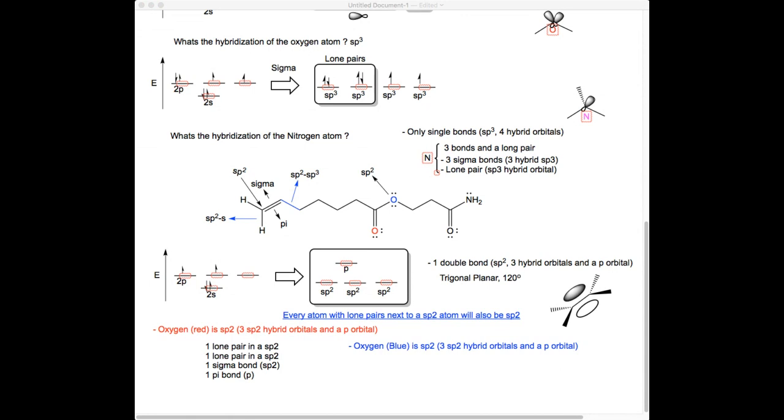In which orbitals are the lone pairs of the blue oxygen located? You know now already that it is sp2, so that information is key to answer that question.